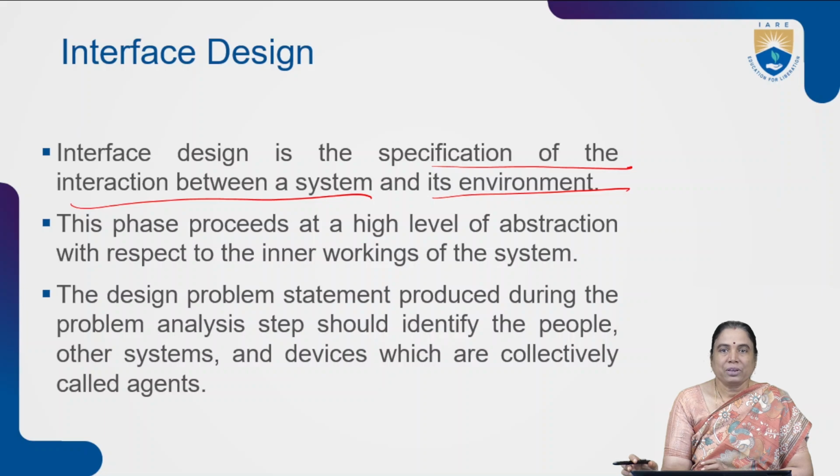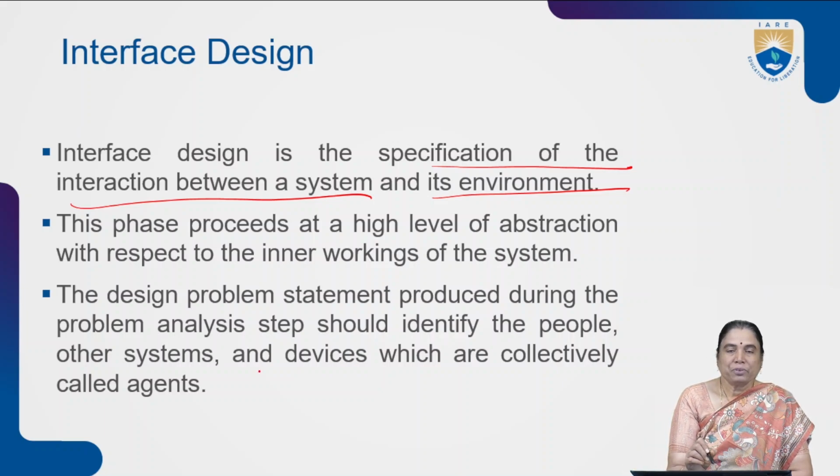What is the structure or architecture of the system, where the components can be implemented, and how the user can interact with these components is specified at a high level of interaction.